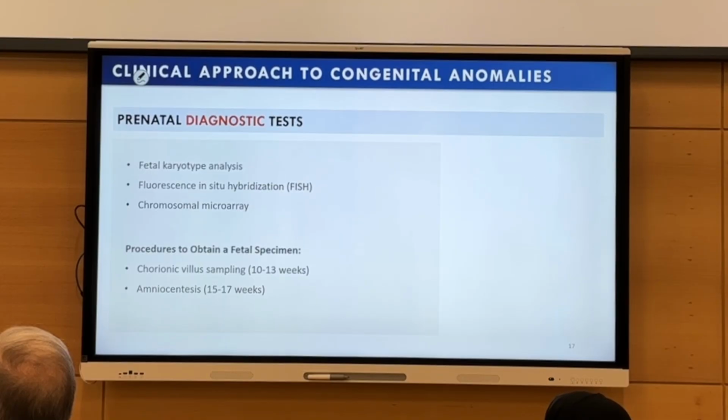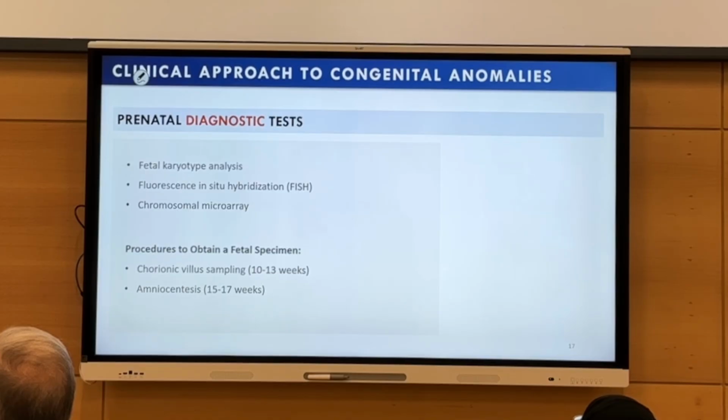Because we're talking here about a very small genetic defect within the chromosome, and it's not covered by these tests. So the fourth test is the targeted mutation analysis, but you need to have a confirmed case so you can rely the test on that one.